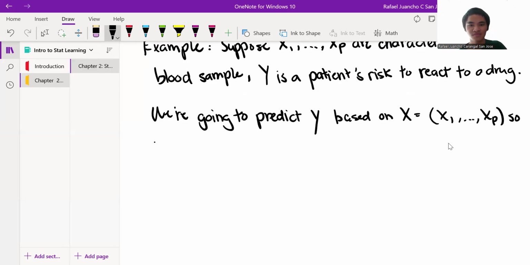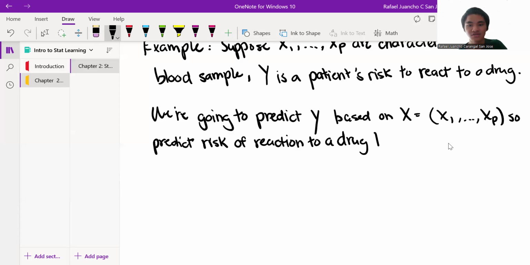So if we want to contextualize it, predict risk of reaction to a drug based on blood characteristics.